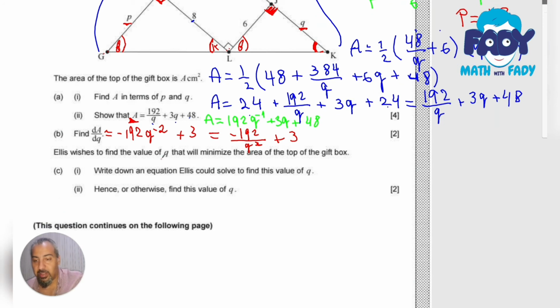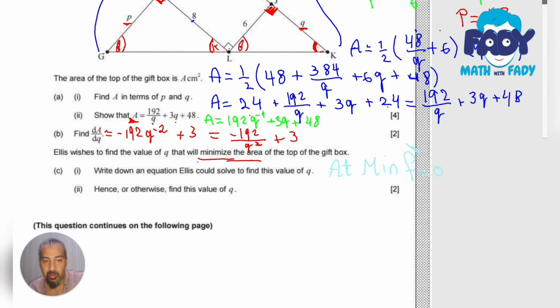Ellis wishes to find the value of Q that will minimize the area of the top of the gift box. Write down an equation Ellis could solve to find this value of Q. So we need to find the equation to get the value of Q which will make the area minimized. At minimum, we all know that f dash is equal to 0.